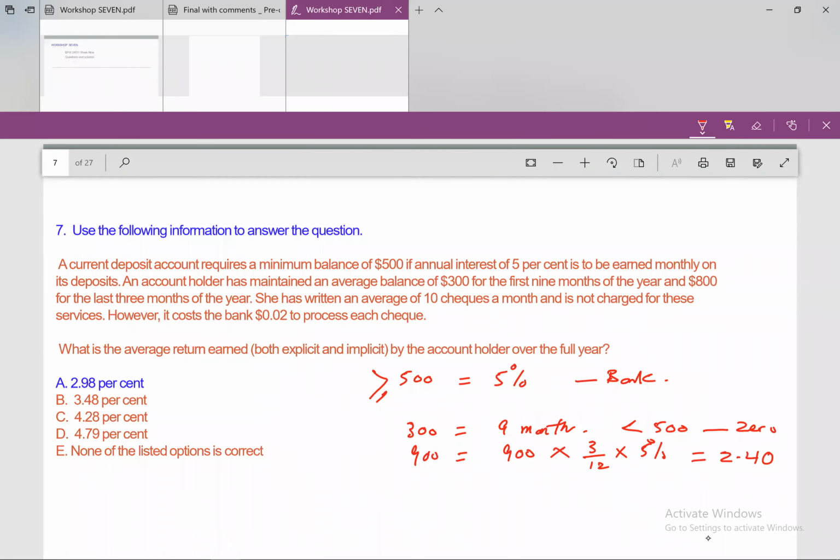And then this customer is issuing 10 checks every month, this is the service they are providing, and they're not charging the customer.